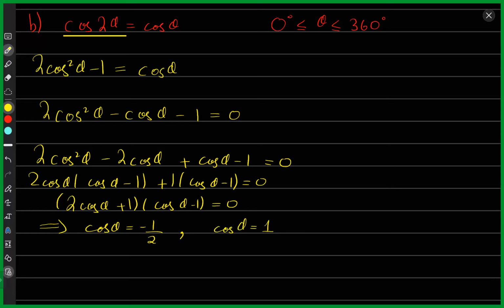And now we need to talk about the quadrant stuff. So this is my first equation. This is the second equation. Let's talk about things according to the first equation for now. So theta is going to be, okay, now I know that it's -1/2.